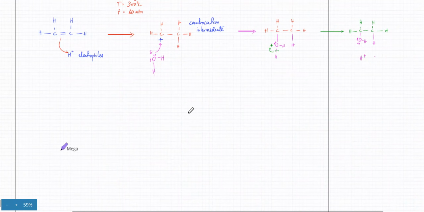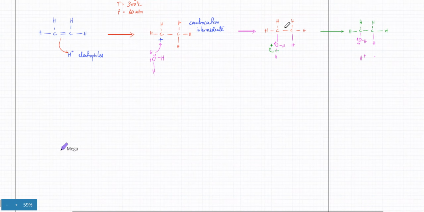Another question: what's the molecule's name for the third one? The third step molecule's name? You mean this one? No, the next one. I don't think it has a name. It's just an intermediate that's formed.